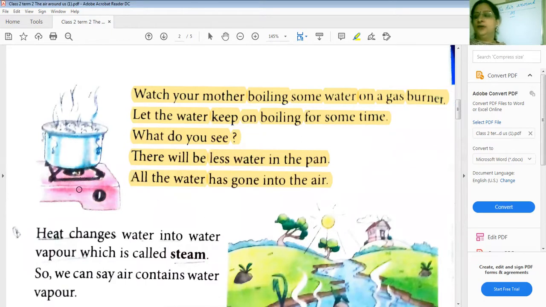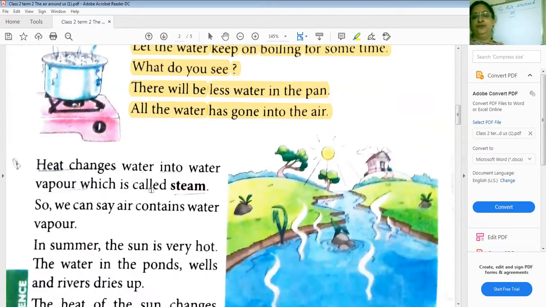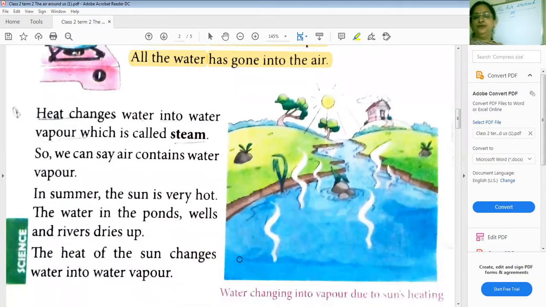Can you see the stove and the water boiling in the vessel? When you continuously boil the water on the stove, because of the heat, the water is changing into water vapor. And finally, there will be less water in the pan. Can you see the beautiful lake here?